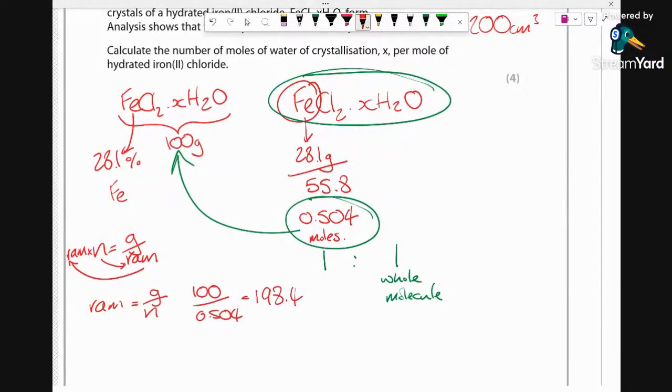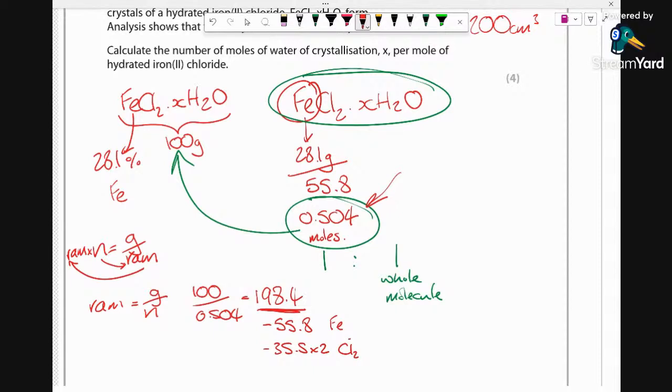Now, I'm just going to tell you that I've picked up a rounding error here because this number was a nightmare. I should have gone to 5 decimal places, or 5 significant figures, because then I'm guaranteed not to get a rounding error. Now that I've got a rough Mr, I'm only looking for the value of x anyway. So I can subtract what I need to. Minus 55.8, that's the Ar of iron. Minus 35.5 times 2, the 2 chlorines. This is Fe, this is Cl2.